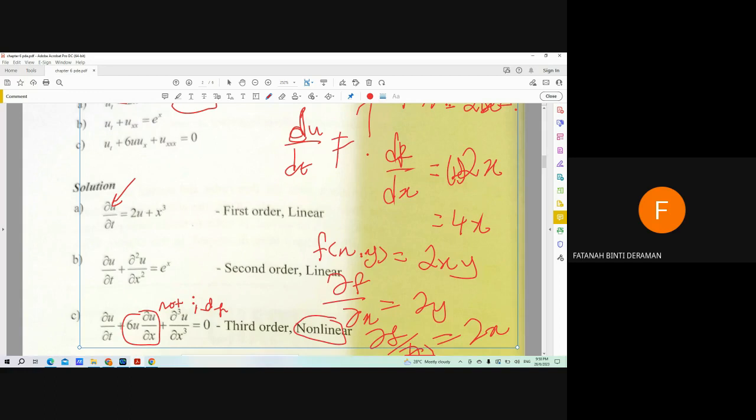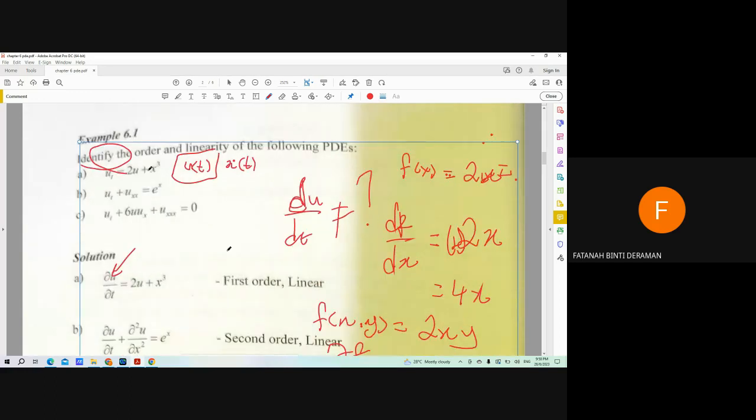Okay. So the same thing happens here. Because in this equation in u we have t and then we have x. Inside of x we have t also.